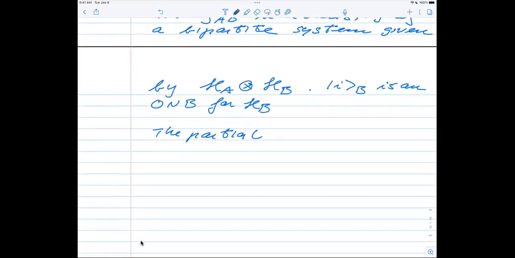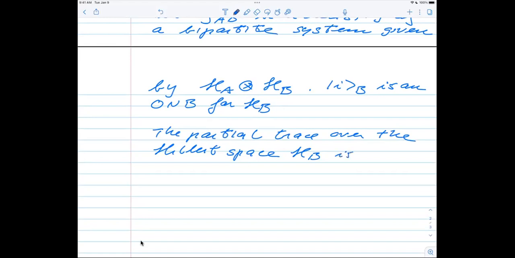So the partial trace over the Hilbert space. What I'm doing now is a standard definition of this partial trace. So we take the partial trace over the system B. That is going to project out the system A, and this is a formal definition.